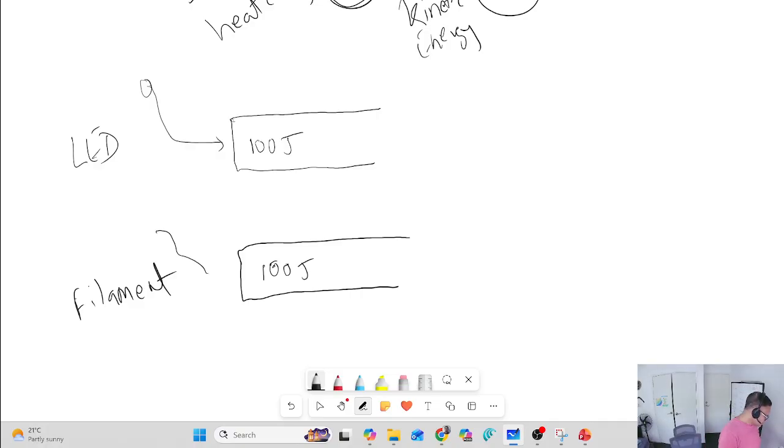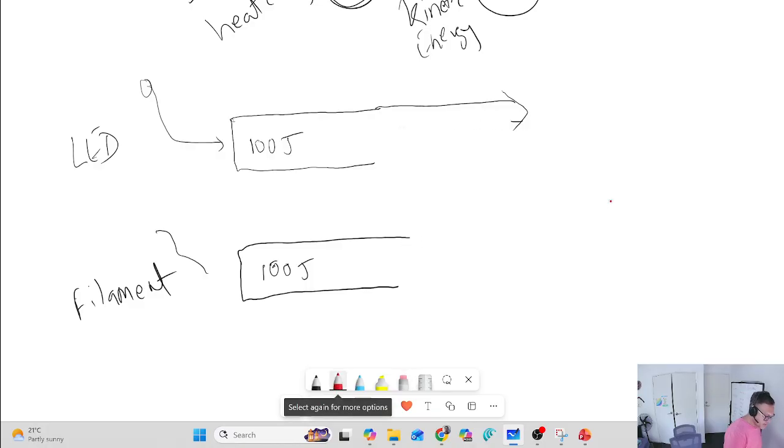Now, what does a bulb emit? We said that a bulb emits light, so we indicate light coming out of this input, and it also emits heat. Let's draw the filament one first.